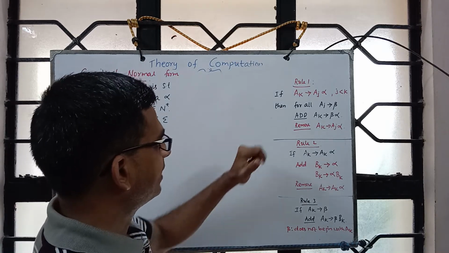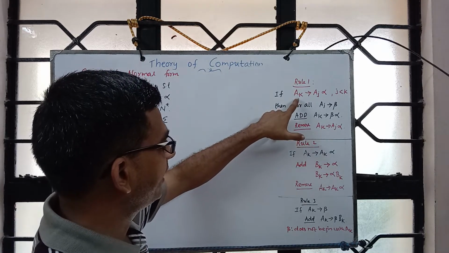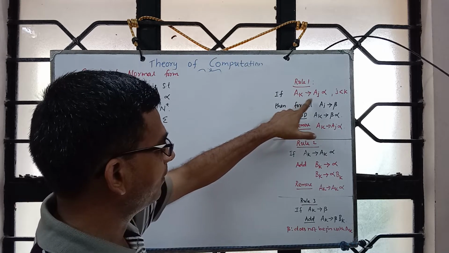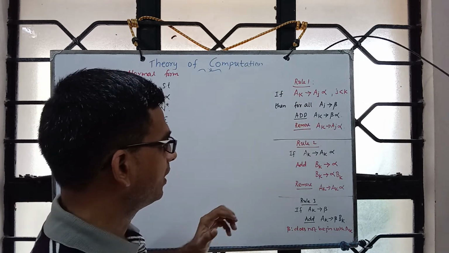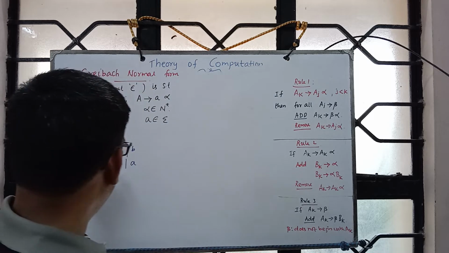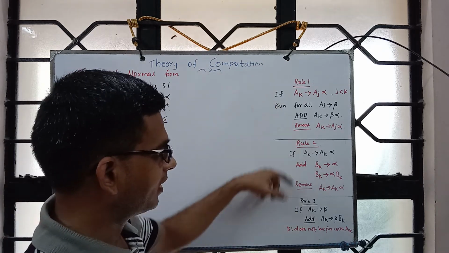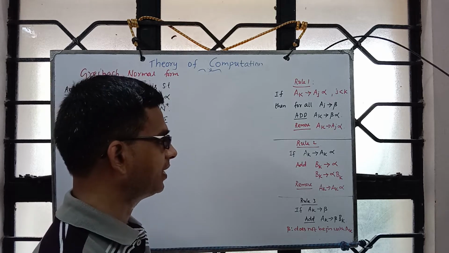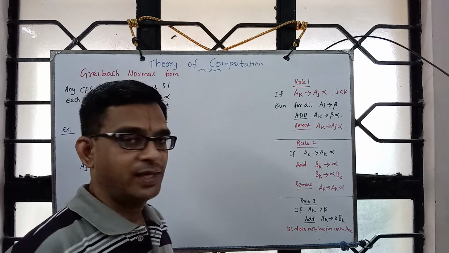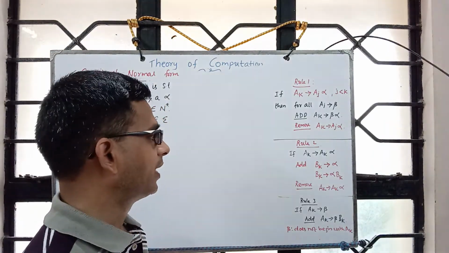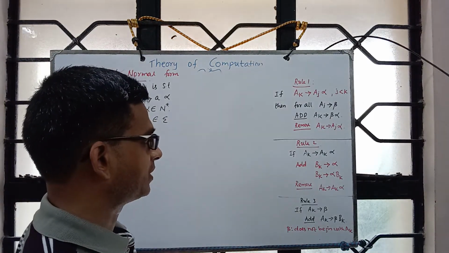So the first rule says you find a production AK implies AJ alpha. I have rewritten the variables using A1, A2, A3 so that you will appreciate this procedure in a better way, and it is easier for us to apply when it comes to problems.